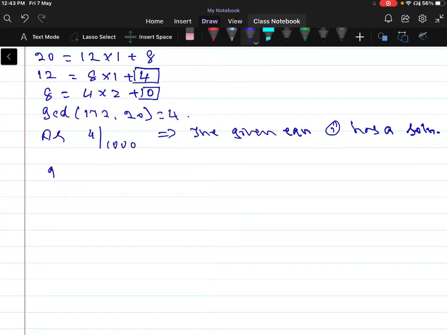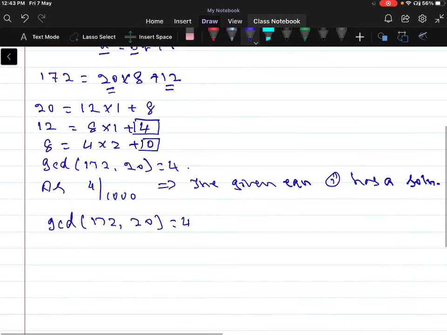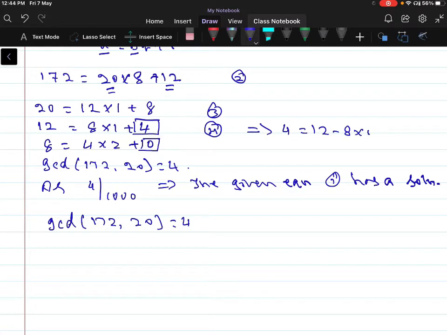Now the GCD of the integers 172 and 20 is equal to 4. So 4 can be written as a linear combination by using the equations. Let us recall them as equations 2, 3 and 4. By using 4, 4 is equal to 12 minus 8 into 1.